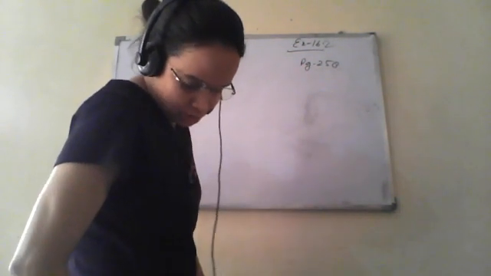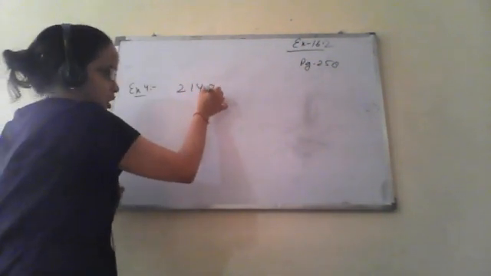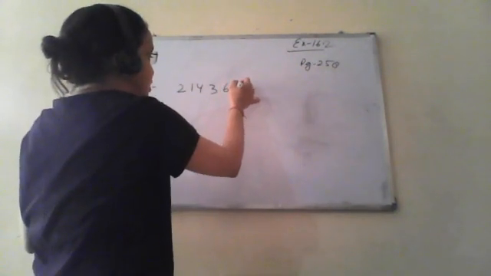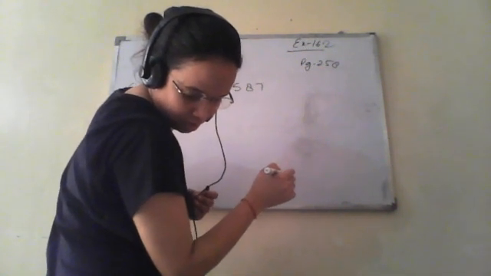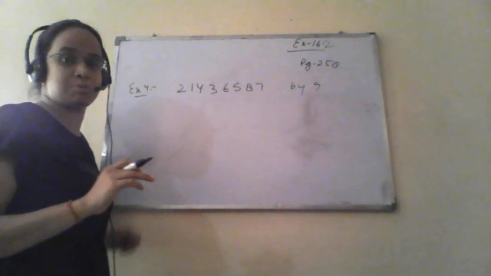We have to check the divisibility of 2143, 6587 by 9. We have to check whether this number is divisible by 9 or not.